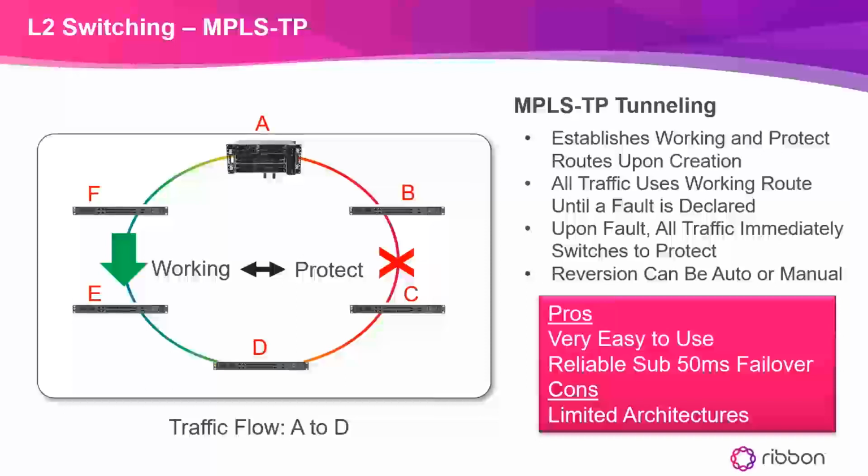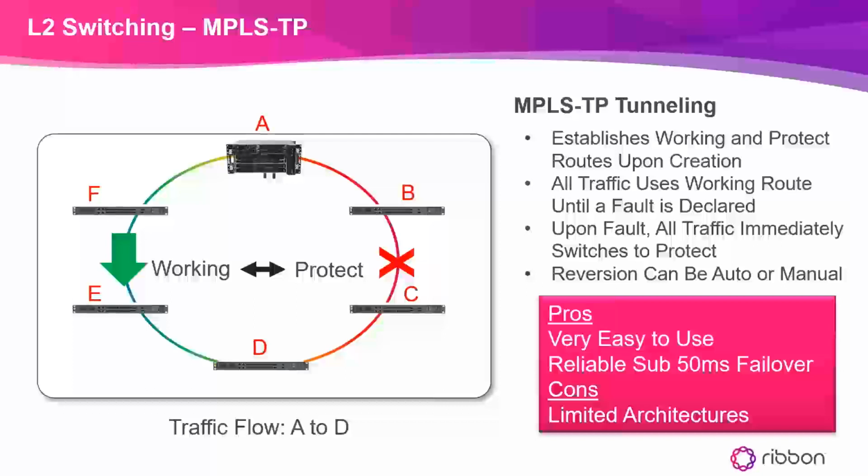So here's my sample network. I've got 6 nodes there from A to F. In this particular scenario, I have traffic flows that are going from site A to site D, okay?